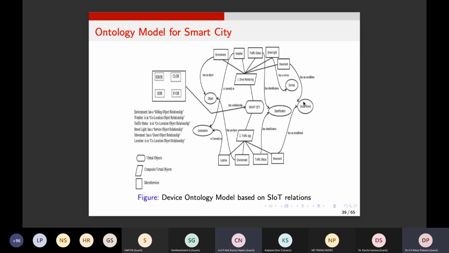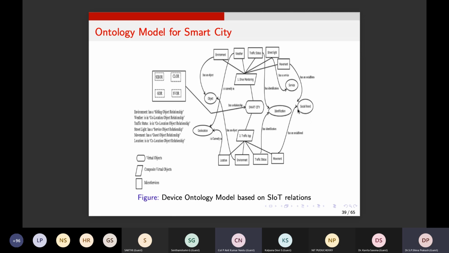Now we try to create certain virtual objects here, like service as a virtual object, some intermediate object that is trying to access objects, services, social friend, and identification. So we create these intermediate relationships. The ontological model will help us identify these things.